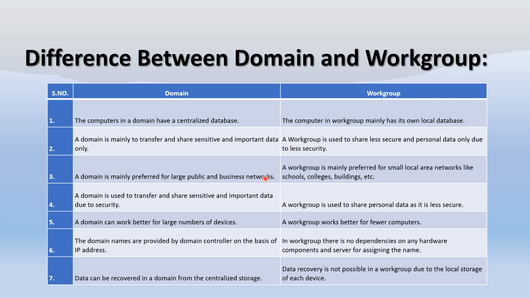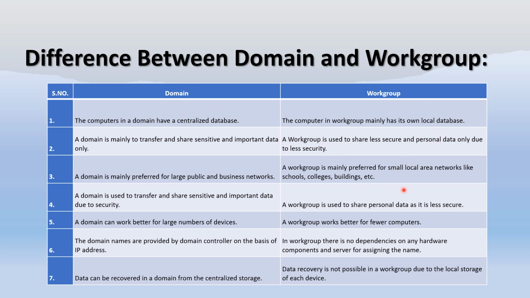Consider, let's say, customer service or call centers. We can see hundreds or thousands of people log in by their shift. They don't have a dedicated PC assigned. They can log in anywhere in the office by using their credentials and access their network. That is the best example for a domain.